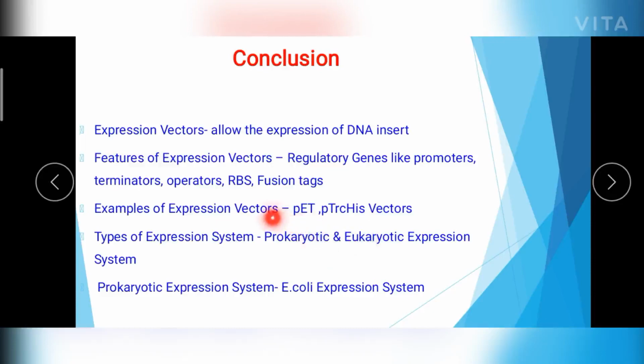In the examples of expression vectors, we have learned about two vectors, PET vectors and pTRC His vectors. In the types of expression systems, we have learnt about the prokaryotic and eukaryotic expression systems. In the prokaryotic expression system, we have seen in brief the E. coli expression system. And with this, I conclude the session.